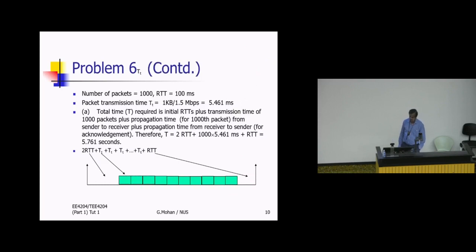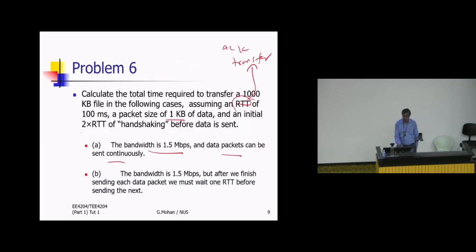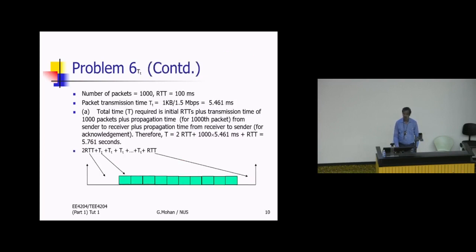So maybe I use a timing diagram. That would help you better understand how it works. I always ask the students to draw the diagram to quickly understand it. It says there is an initial handshaking of 2 RTT delay. It does not send the data immediately; initially there is a delay of 2 RTT. That happens because maybe the sender wants to say, hi, I want to send something, are you ready?